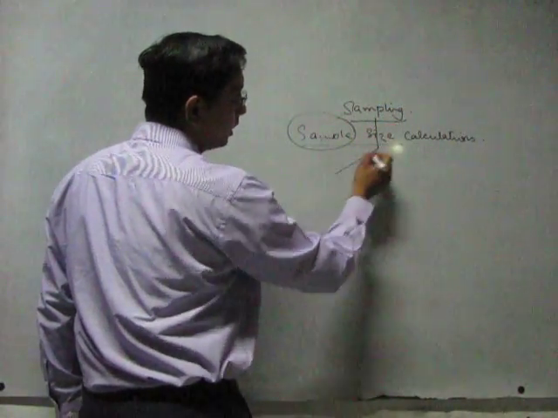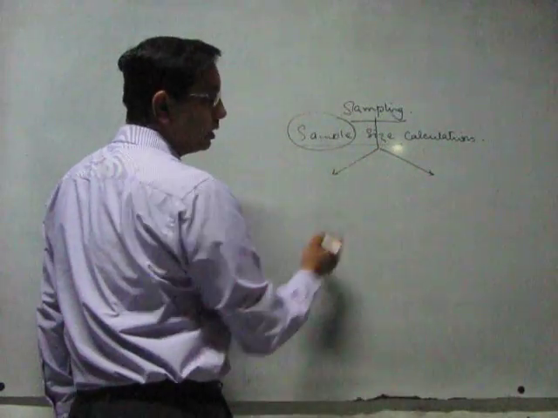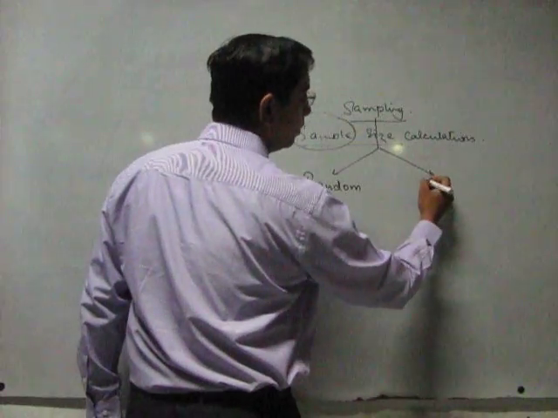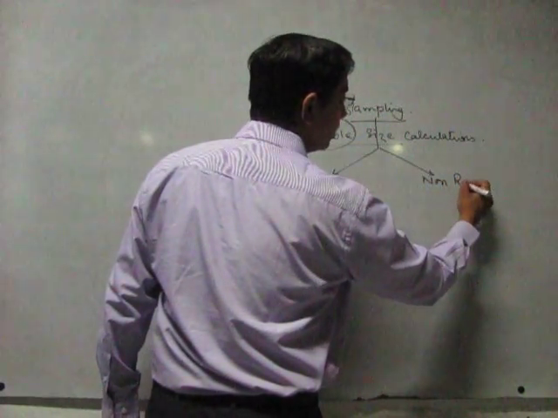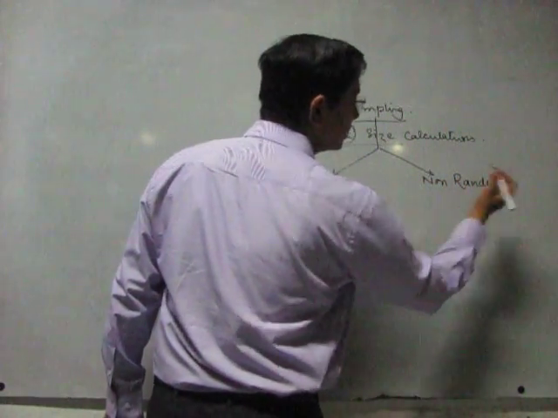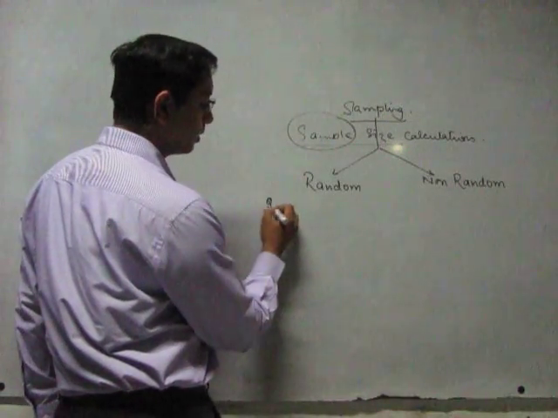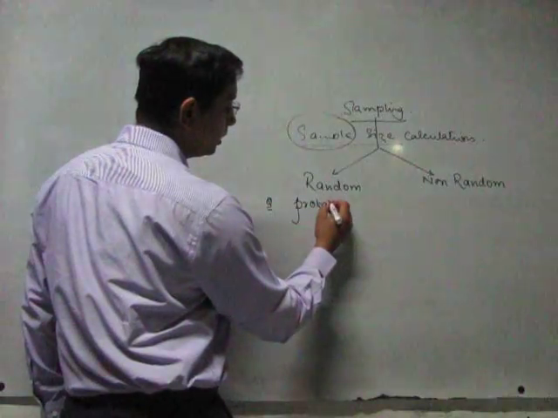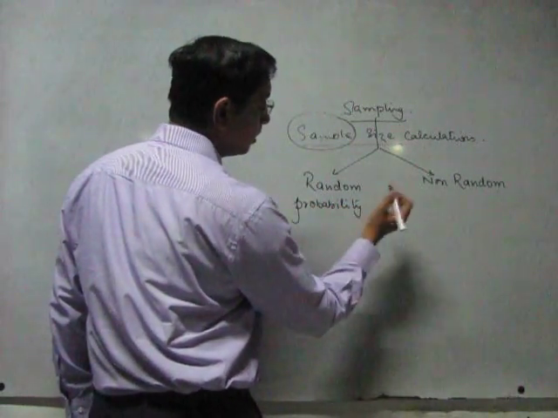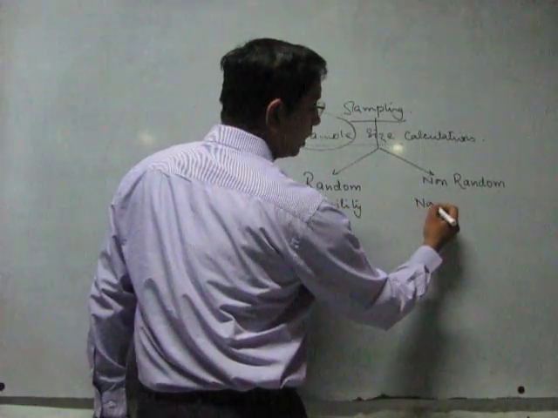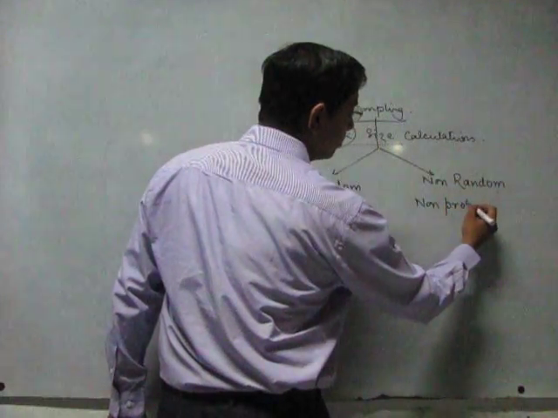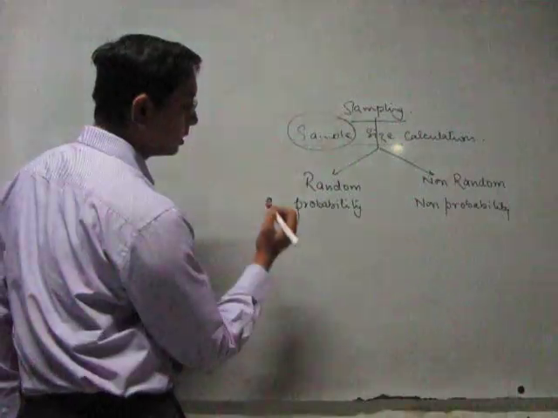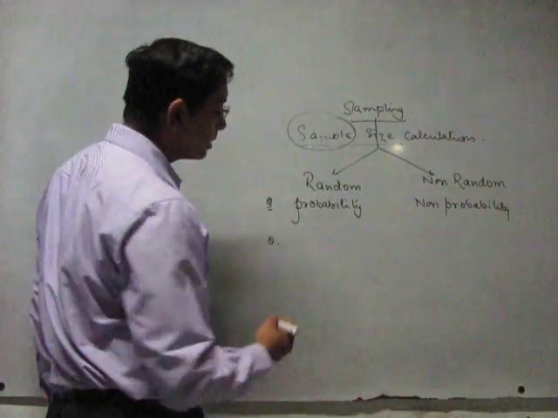Sampling could be classified into 2 types: random sampling and non-random sampling. First MCQ: random sampling is also known as probability sampling. Non-random is also known as non-probability sampling.